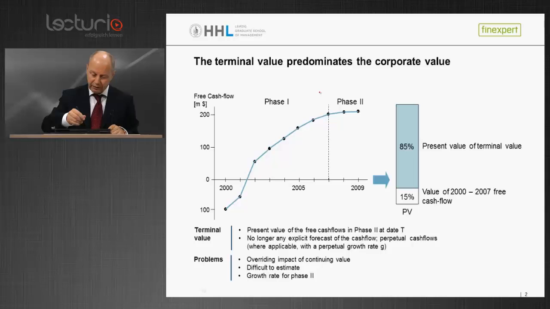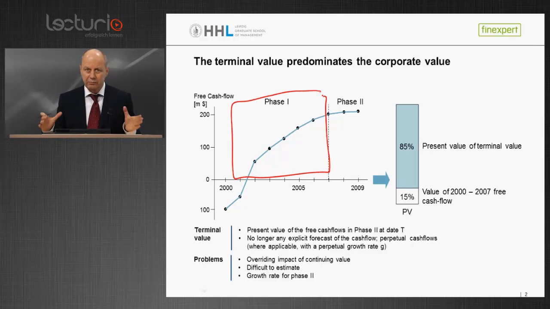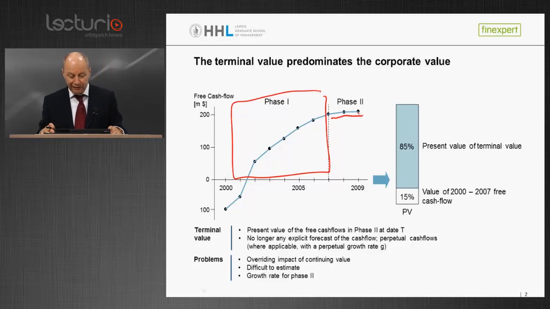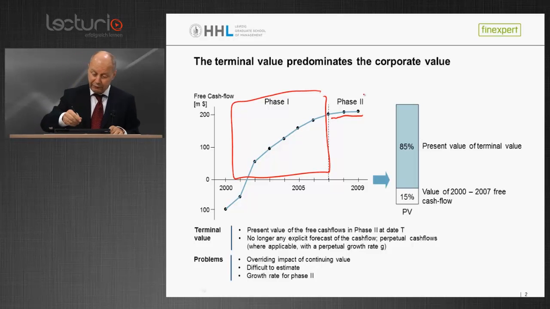The first part is phase number one, where we make explicit projections, profit and loss statements, and so on. Phase number two then assumes that the cash flows at the end of phase one continue to develop into an infinite time frame, and the terminal value is the present value of these standardized free cash flows in phase number two.